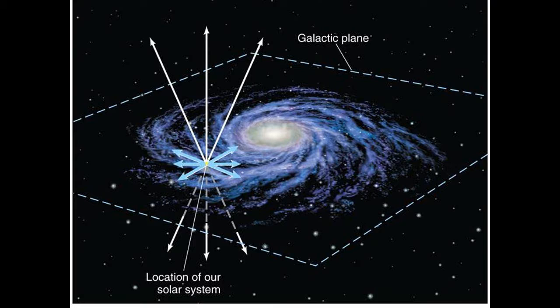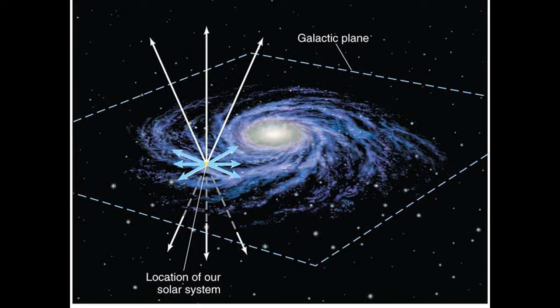Here is an image that shows a very thin spiral-shaped galaxy. You can see the white part is the central region, and then there's the galactic plane. Well, we live out, two-thirds or a little over halfway from the central region of our galaxy, where all of those arrows intersect.